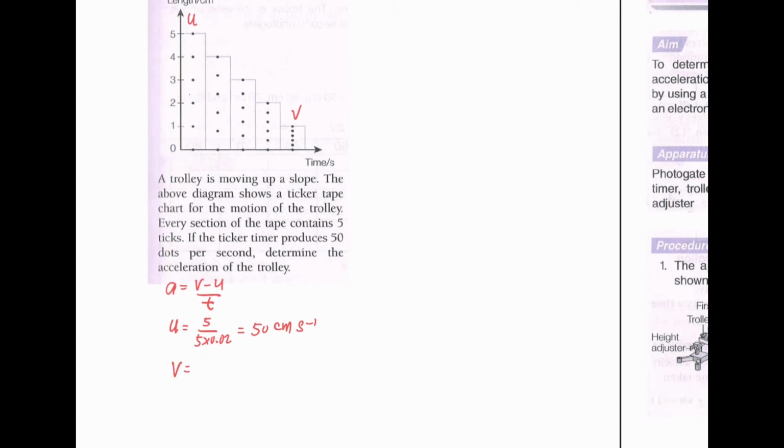For the v, we look at the last bar, and the length is 1 cm. So 1 divided by the same timing, as there are 5 ticks also. 5 times 0.02, so we get 10 cm per second. So we have u, we have v.